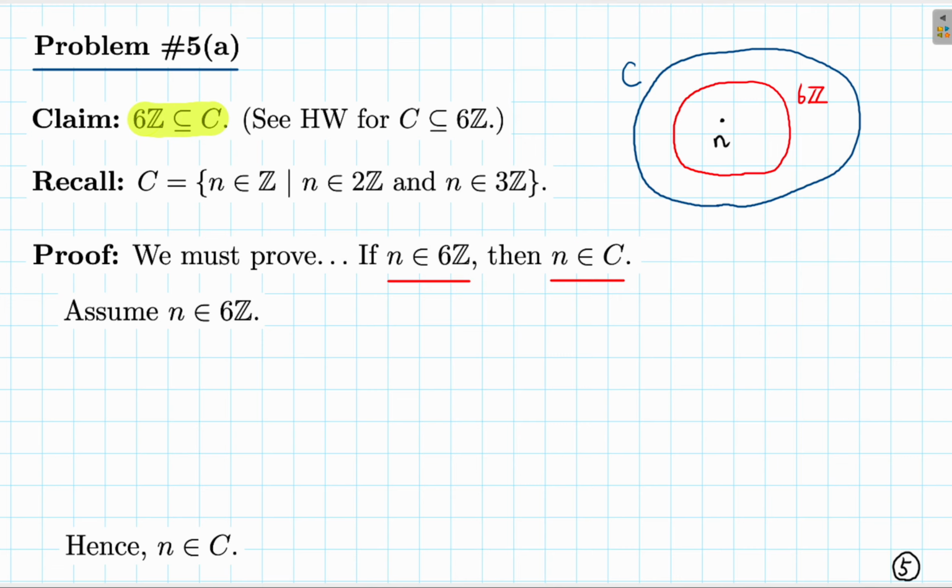And so let's go ahead and fill in the rest. We know that n is an element of 6Z, so we can say then n must be a multiple of 6. In other words, n is equal to 6k for some integer k.